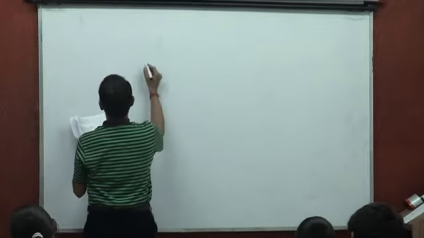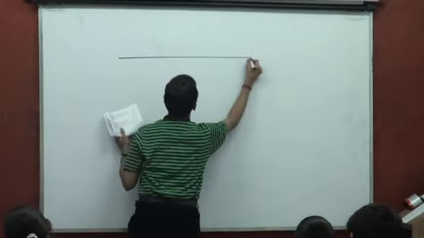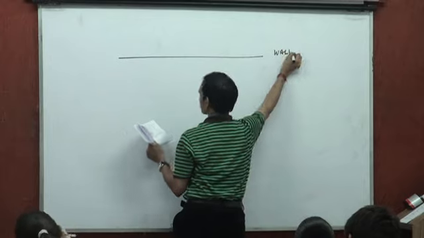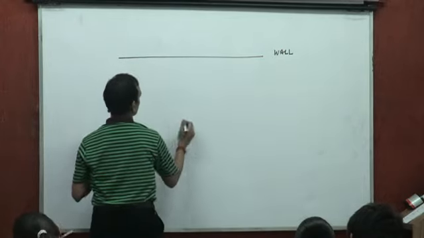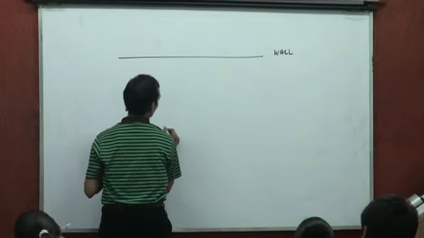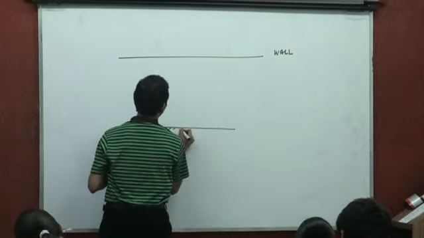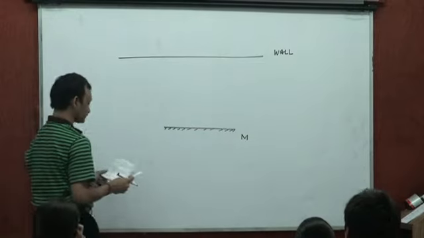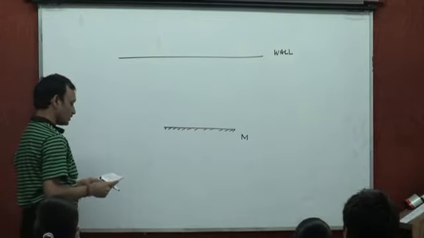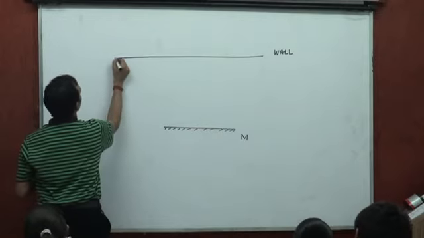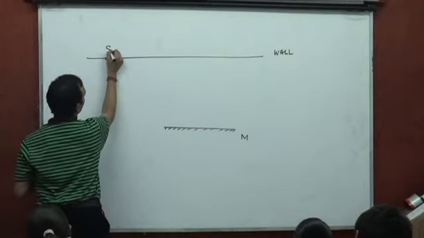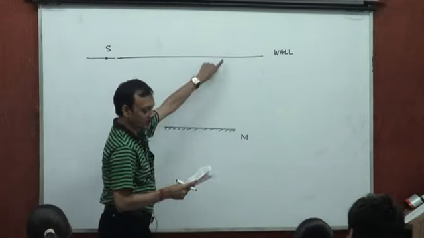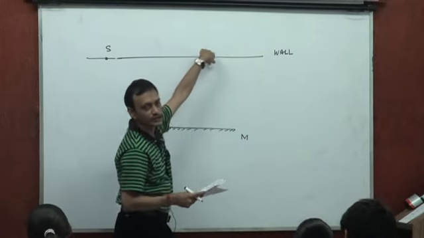So next we have a wall, and a flat mirror parallel to the wall. The light produced by a point source, the point source S, kept on the wall is reflected by the mirror and produces a patch on the wall.